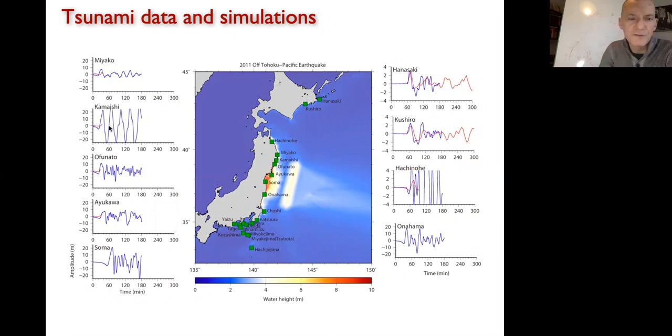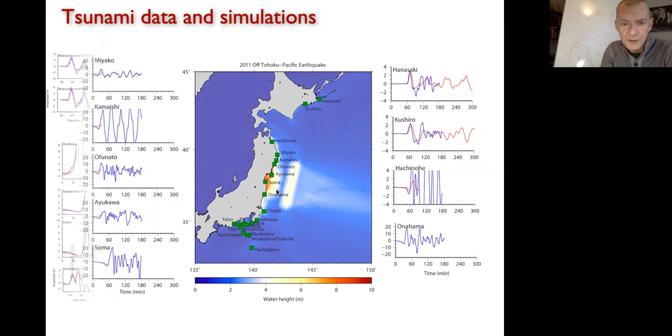And please notice that the period here is almost 30 minutes. So it's very long. If you multiply 30 by 60, you get 1,000s of seconds here. And of course, the different maximum amplitudes and resonances here are caused by the local bathymetry. You can call it a sort of a side effect for these very long period waves.